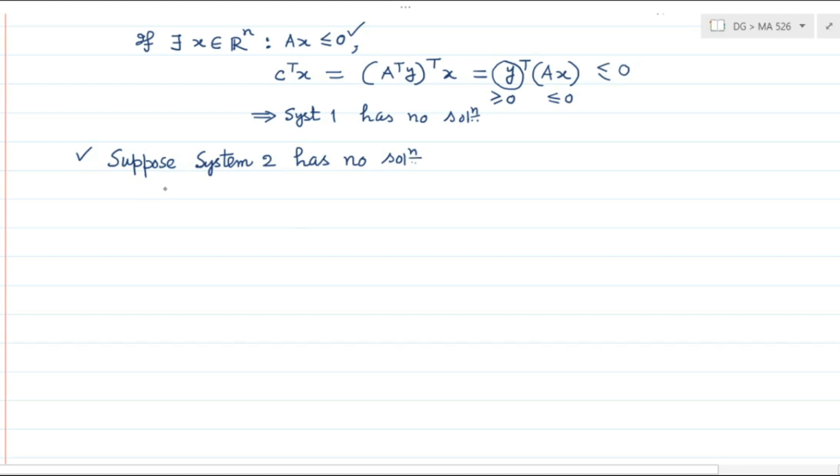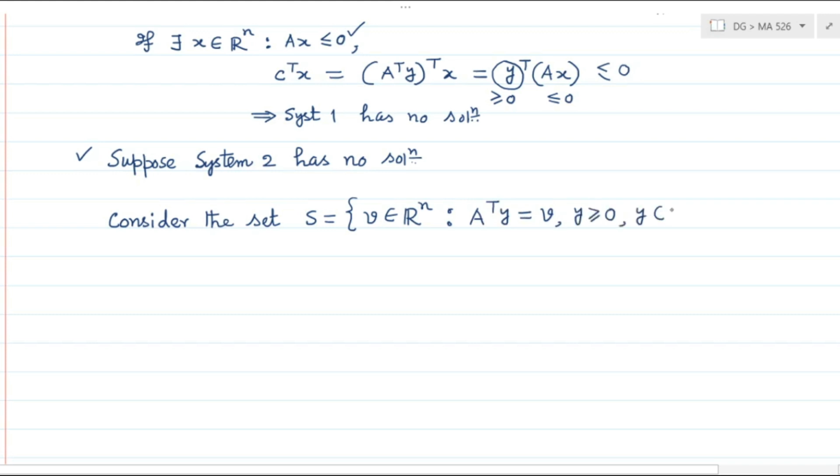Now if system 2 has no solution, then consider the following set, capital S, the set of all elements V in Rn such that A transpose y is equal to V, y greater than or equal to 0, where y is an element of Rn.